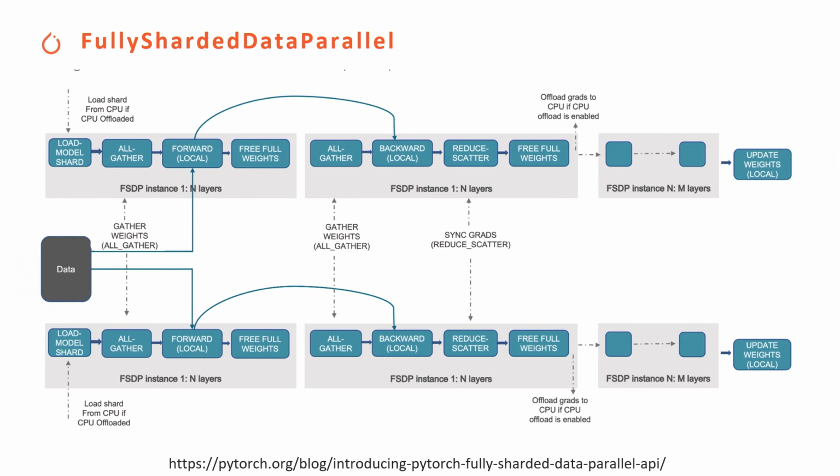Usually, model layers are wrapped with FSDP in a nested way, so that only layers in a single FSDP instance need to gather the full parameters to a single device during forward or backward computation. The gathered full parameters will be freed immediately after the computation, and the freed memory can be used for the next layer's computation.